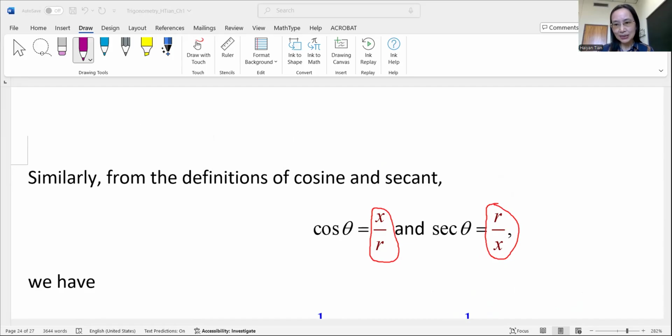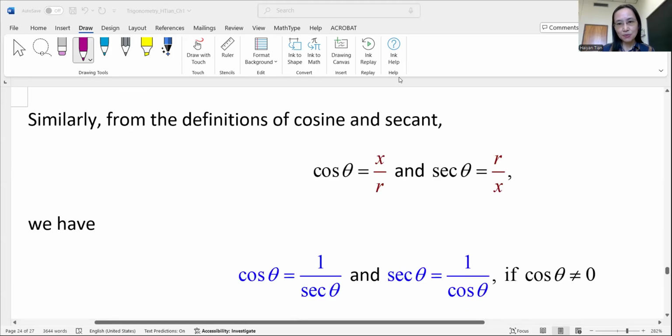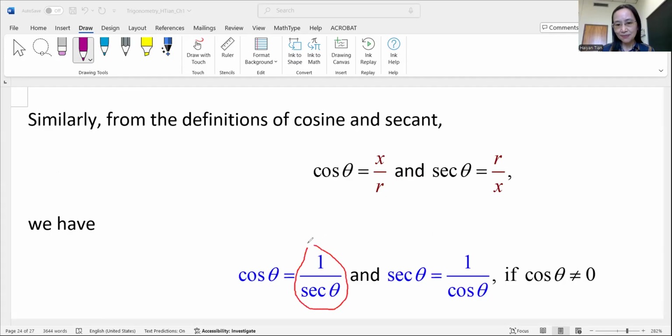So immediately we can conclude that cosine is the reciprocal of secant, and secant is the reciprocal of cosine. That means if you know one, you can find the other. Suppose they're both defined, they're reciprocal to each other.